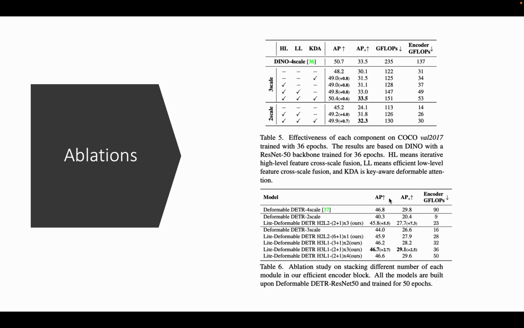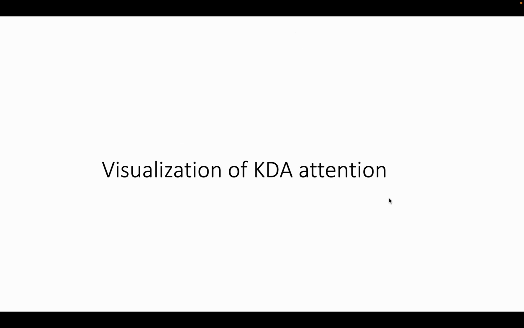We also conduct ablations to analyze each component of our model, and we see that each component accounts for some of the performance improvements. We encourage listeners to read our paper more closely to see how these components work.